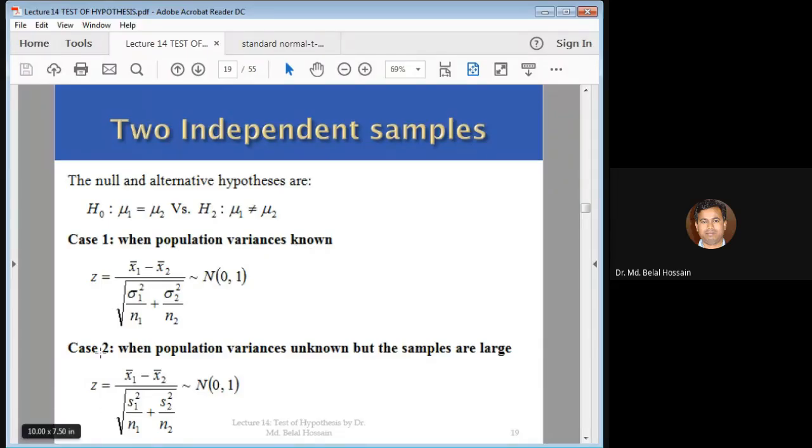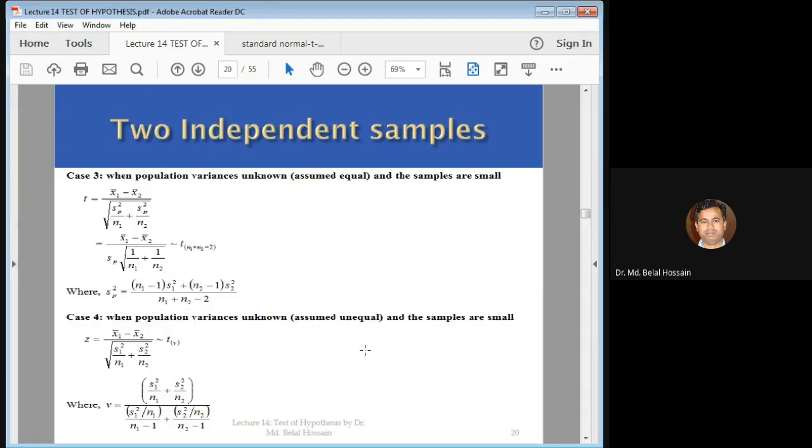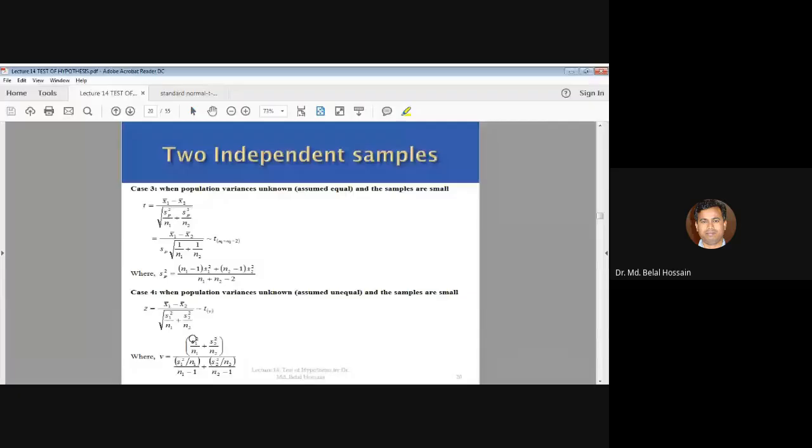You have to remember that when the variances are known or the sample size is large, they follow Z, the standard normal distribution. When the sample size is small and variance is unknown, whether assumed equal or unequal, they follow the t distribution. It should be T here.